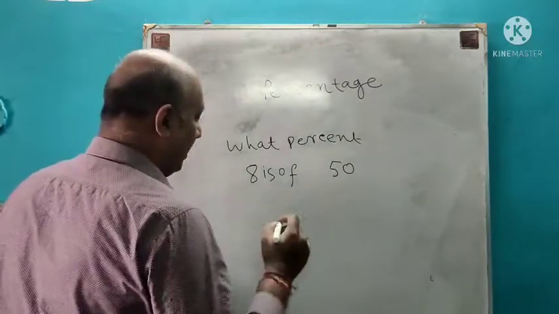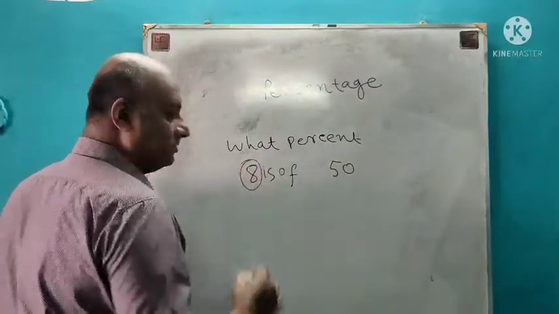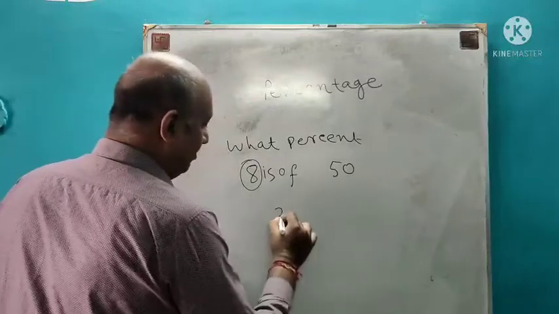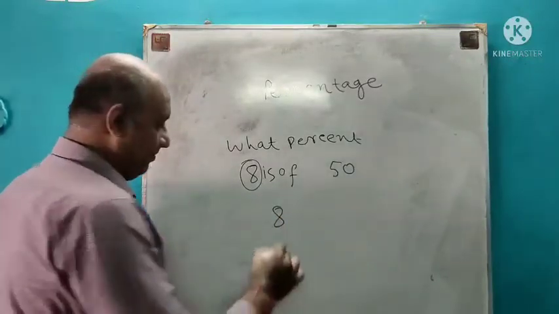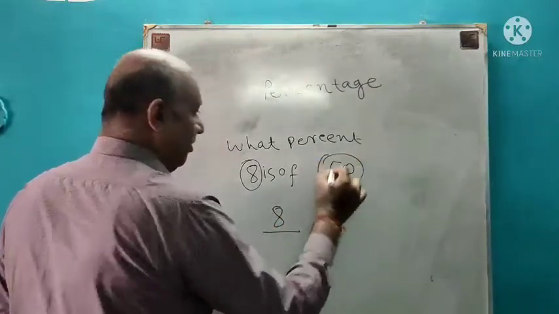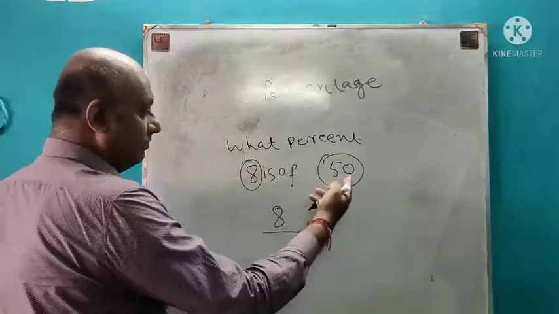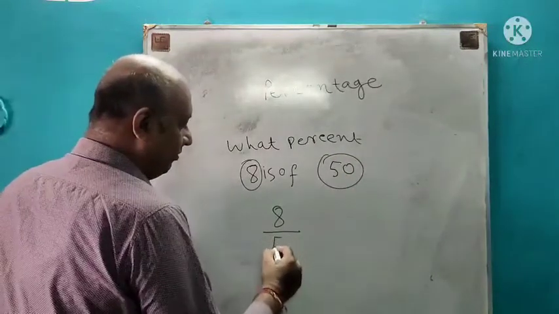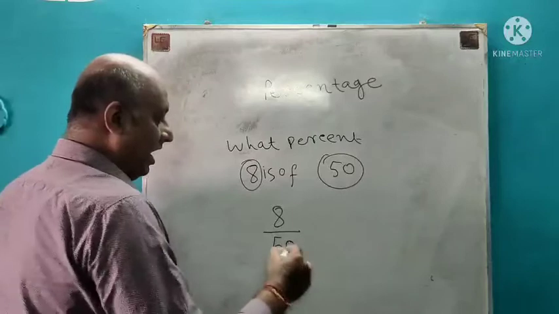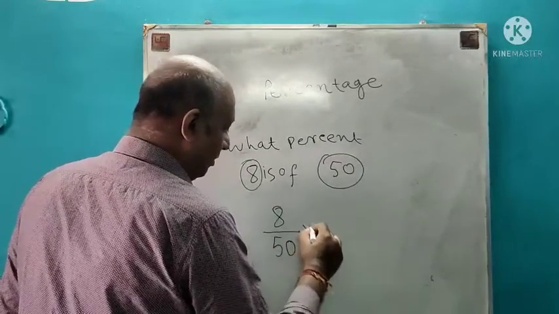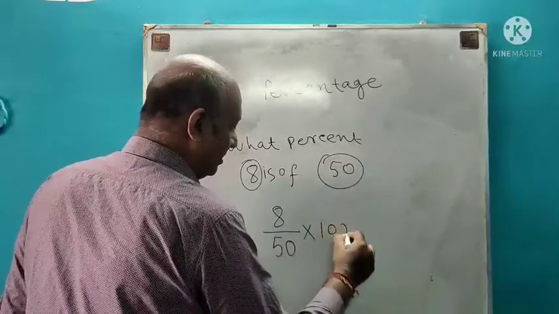For that, what we have to do, we are calculating the percentage of 8. So 8 will be our numerator and the total for which we are calculating the percentage, that is 50, will go in the denominator, and to find out the percentage we have to multiply by 100%.